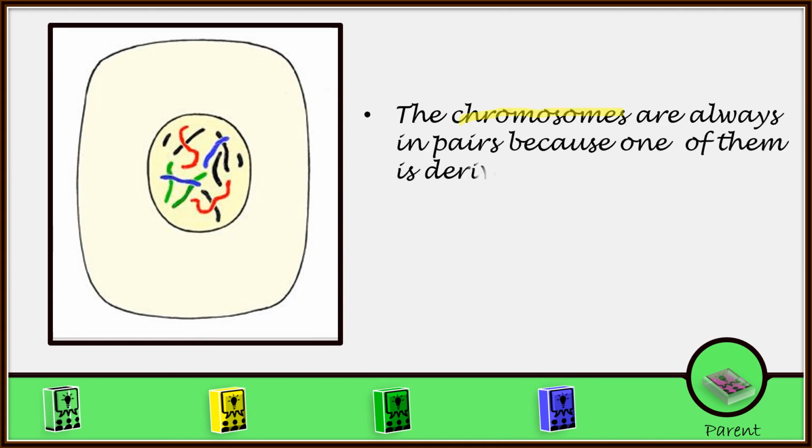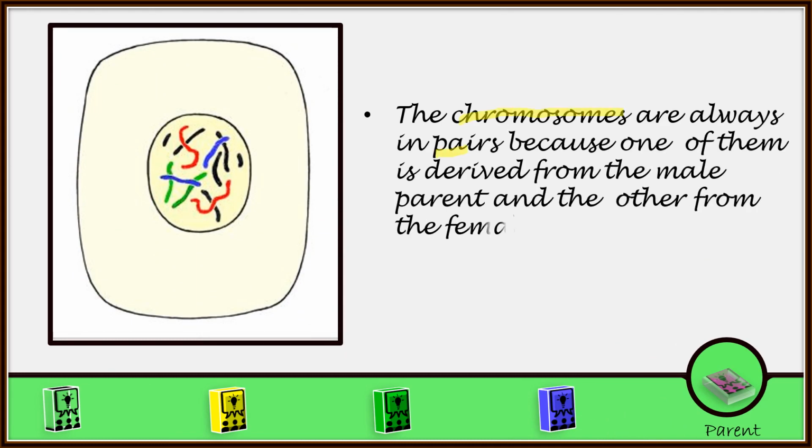The chromosomes are always in pairs because one of them is derived from the male parent and the other from the female parent.